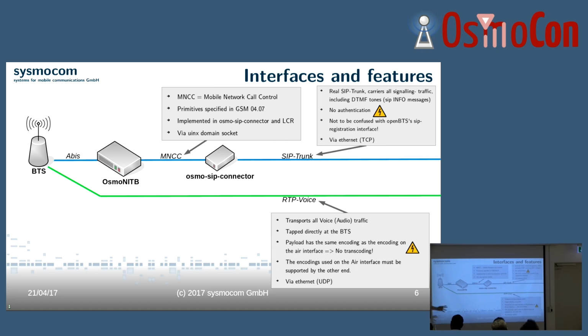But also your PBX software has to support it, of course, or your called party. So maybe the PBX has to do some transcoding and has to support the codecs you use on the air interface. Yeah, and of course, it's UDP. You already know that for sure.